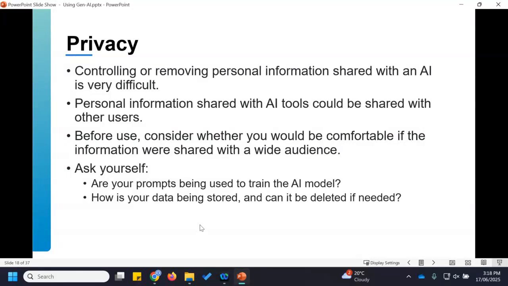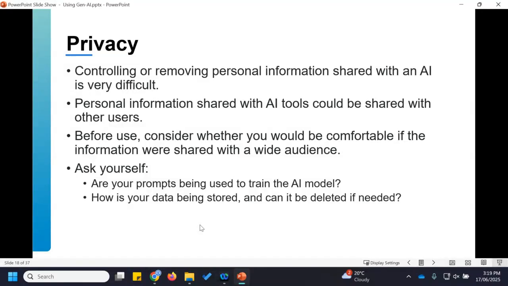So we highly recommend removing all personal information before sharing anything with an AI, because removing it from the AI once you've shared it is extremely difficult, because this could just be willy-nilly shared with other users. So consider whether you would be comfortable with the information being shared with a wide audience.